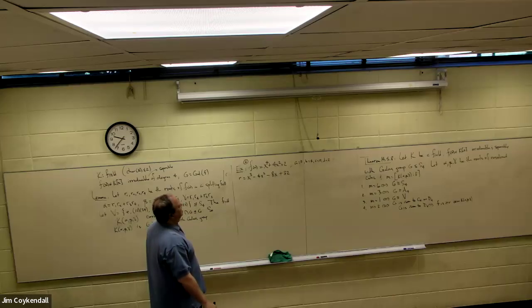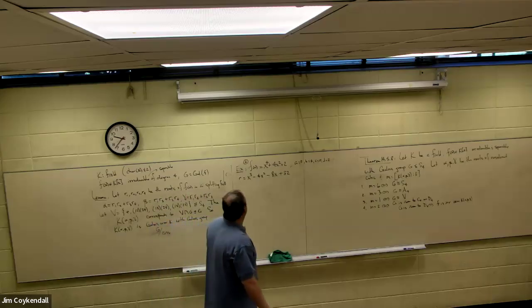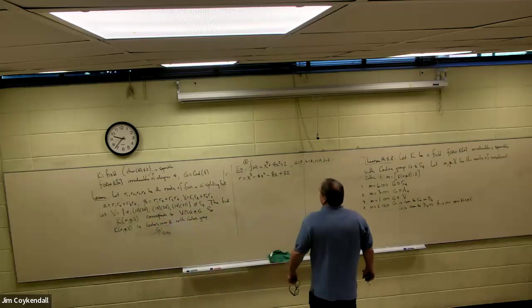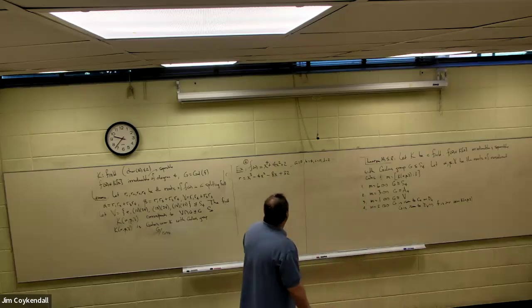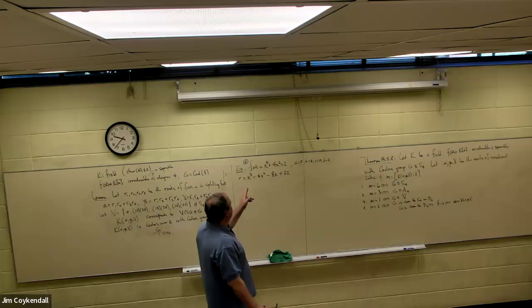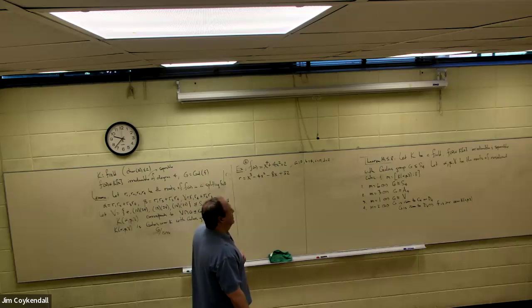Do y'all see the root of this? Assuming I did this right, we better check me here. A is 0, minus 4x squared. Let's see, it's 32, 0.